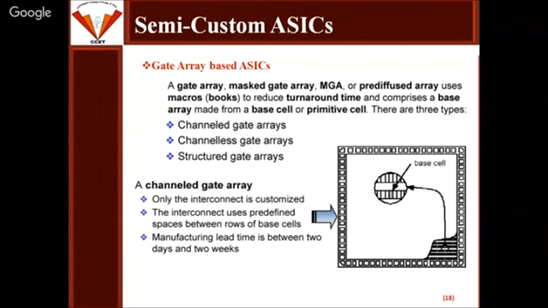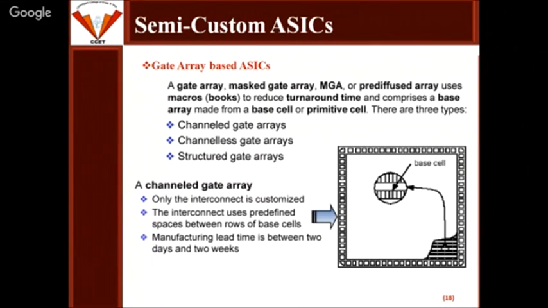Nowadays, we are very much interested in the structured gate array. I will talk more about it later, because it works in the middle between ASICs and FPGAs. So the first one is the channeled gate array. In the channeled gate array, only the interconnections are customized.